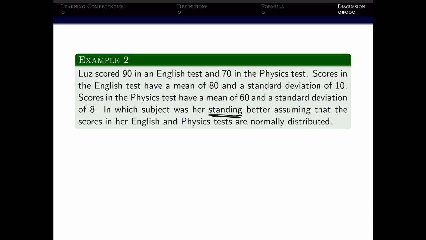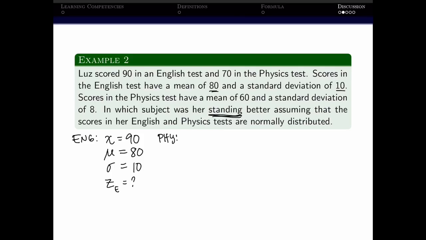Now, let's write the given. So for English, Luz scored 90. That's x, the observed value. The mean is 80 and the standard deviation is 10. Z for English is unknown. Let's go to physics.